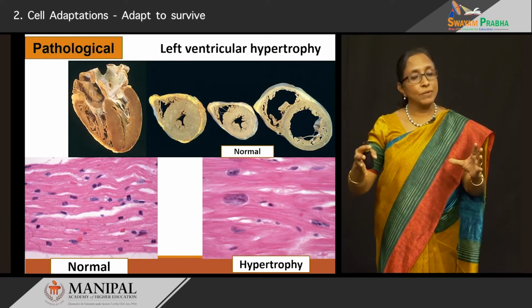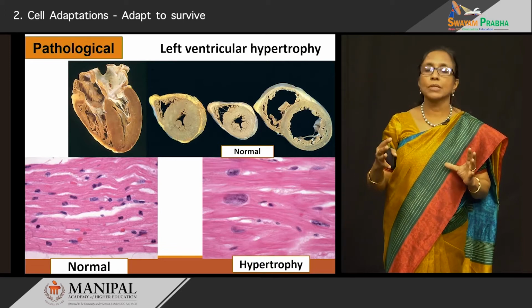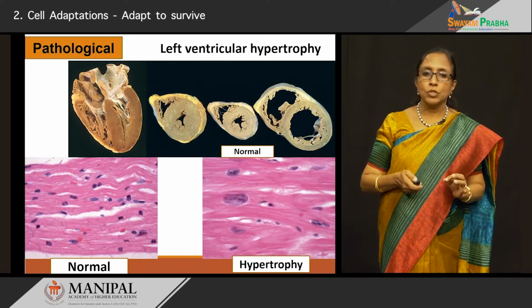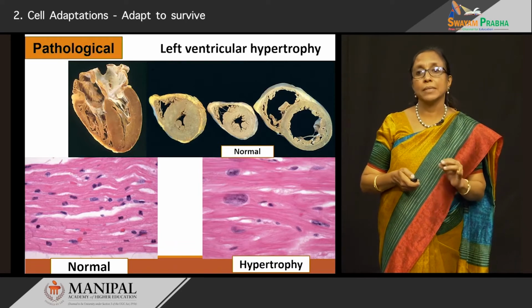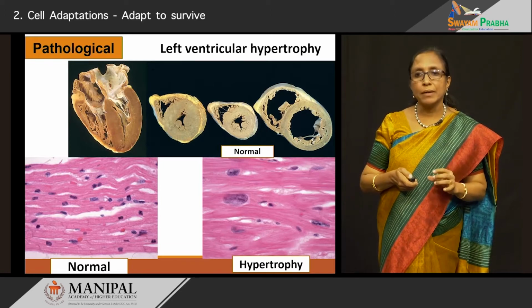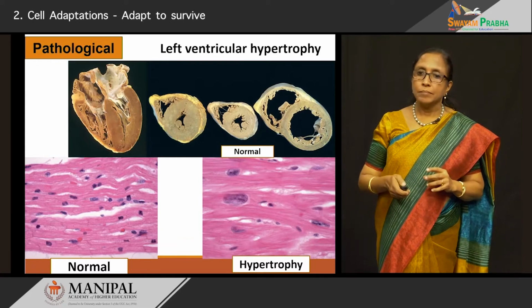That may be because of certain conditions where we get a dilational hypertrophy. In all these, the microscopy will show each cardiac muscle fiber hypertrophied, big in size. The cytoplasm and the nucleus are big.